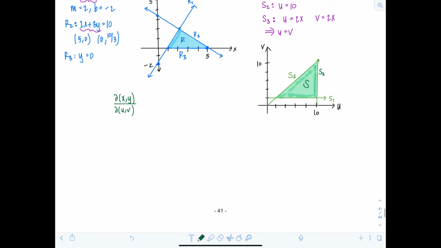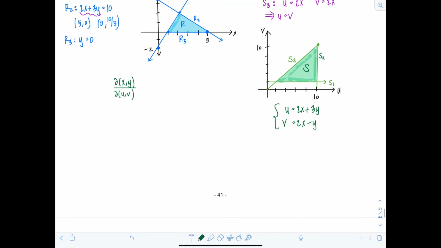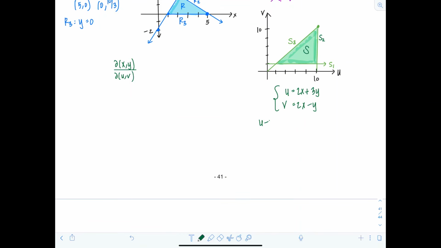So here I know that u is equal to 2x plus 3y, and v is equal to 2x minus y. Best bet is usually subtract them and add them. So notice what I'm going to do here. So u minus v, that's going to cancel out x, right? u minus v is going to equal 4y. Okay, that means y is equal to 1/4 times (u minus v). Good, half the battle's over.